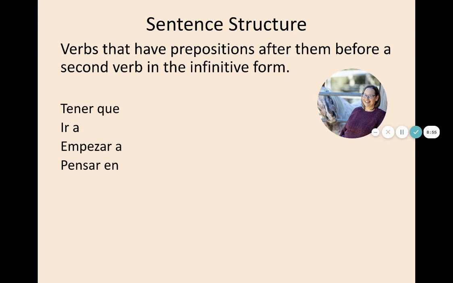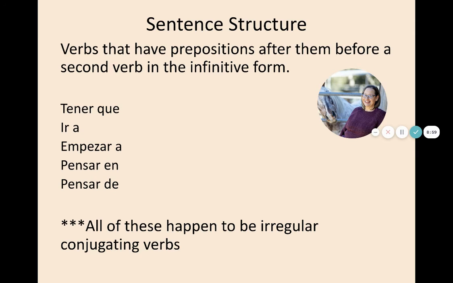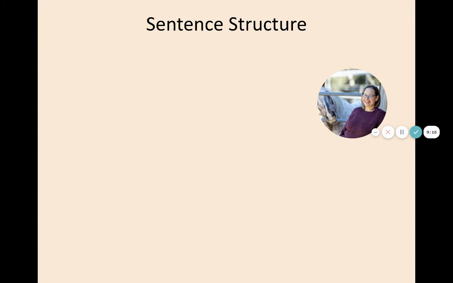Empezar a. Pensar en. Pensar de. All of these happen to be irregular conjugating verbs. You will not learn them for a while. But we're introducing them now so that you know that some verbs do have a preposition after them.